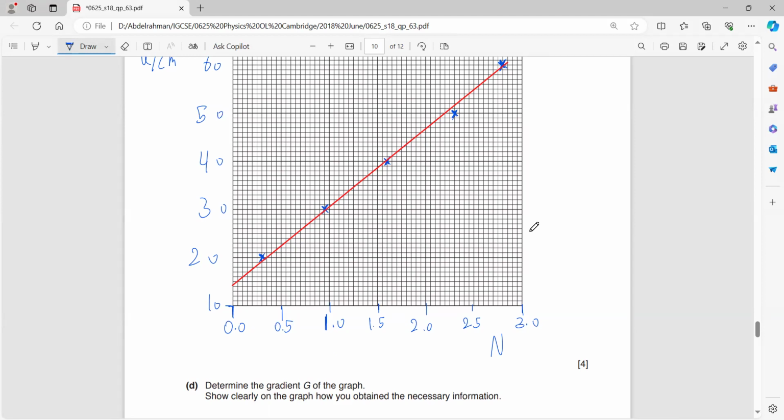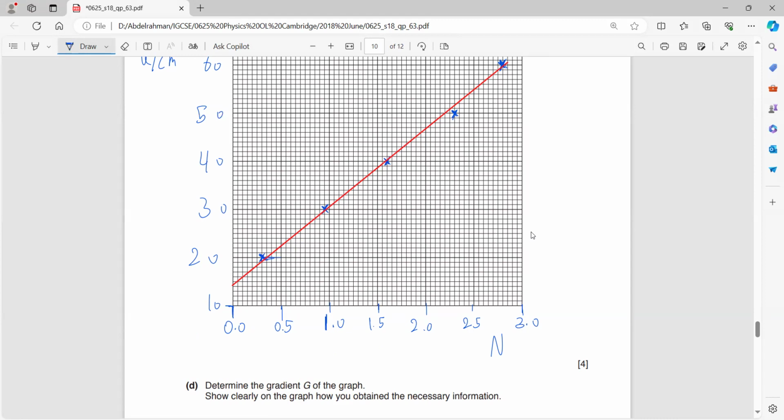How can I find the slope? How can I find the gradient? y2 minus y1 over x2 minus x1. Yes, the first point and the last point, but I have to show on the graph the triangle method.